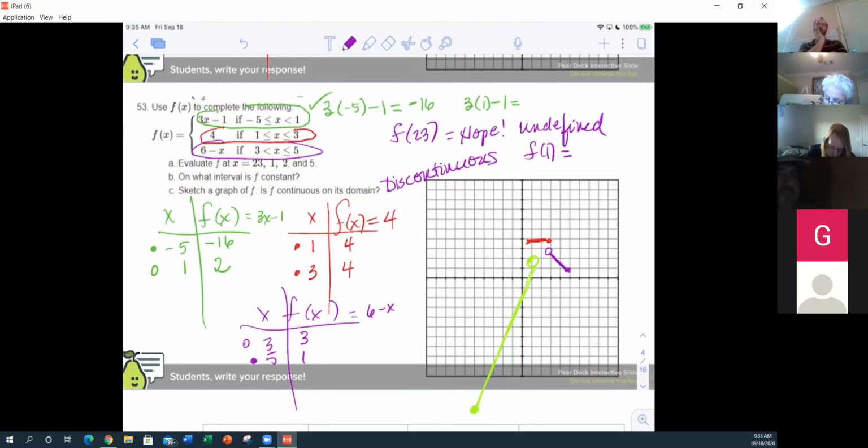Which one has the open dot and which one has the closed dot? The green line has the open dot. So that one doesn't count then? Right, that doesn't count. So we're gonna look at the red one. So that's gonna be 3 then. Or no, wait, 4. Right. So if you looked at the charts, you could see that f of 1 is 4, right?